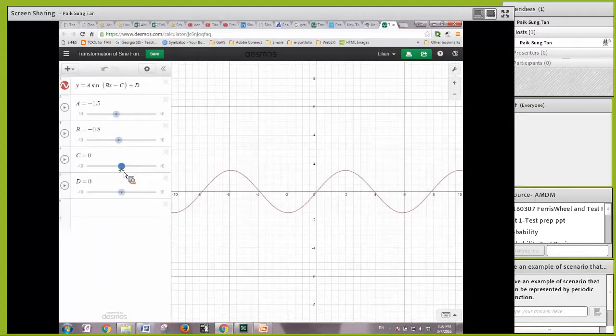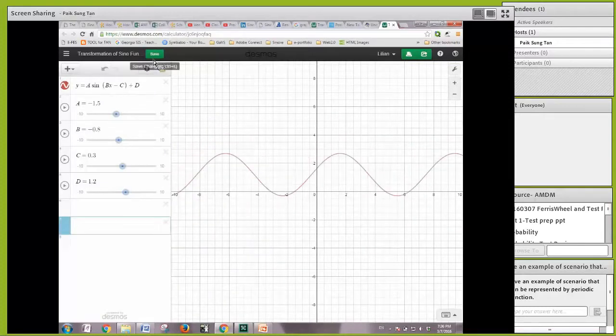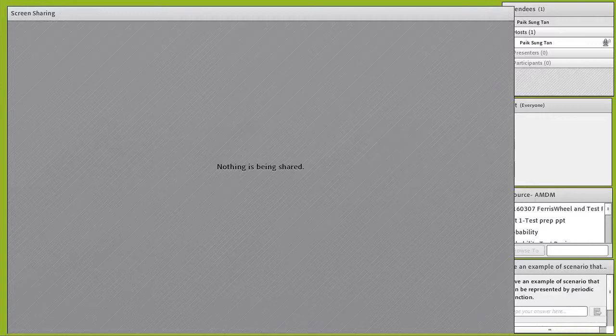Minus a negative number, the graph is moved to the right. d moves up and down. I hope this helps with your understanding of sine transformation.